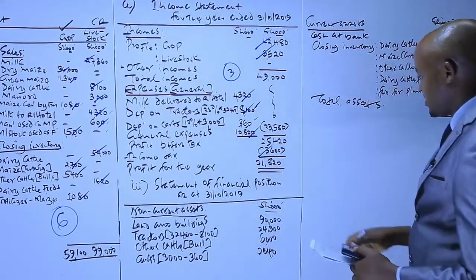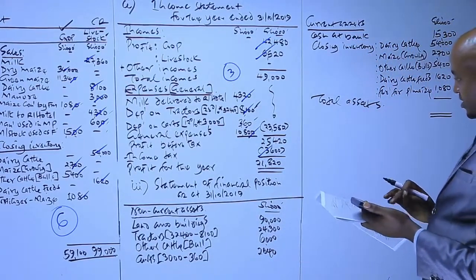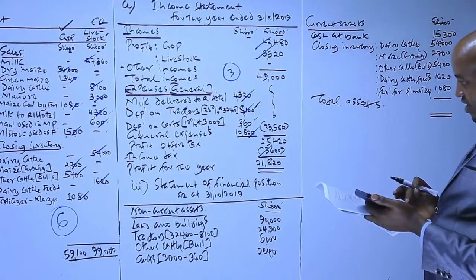So what we need to do is to get the total assets. We add all these assets we have here, starting from the non-current assets.